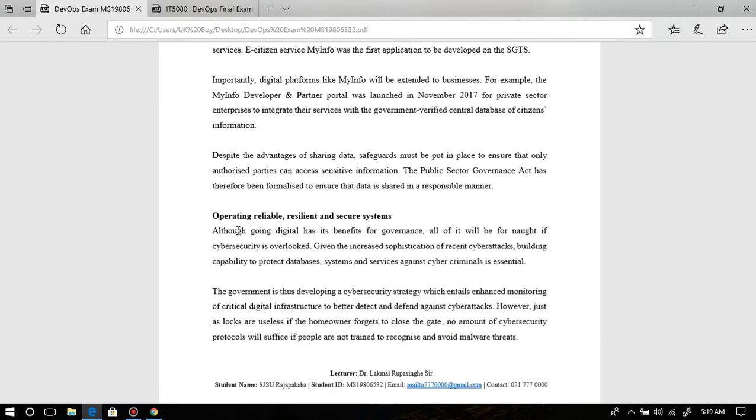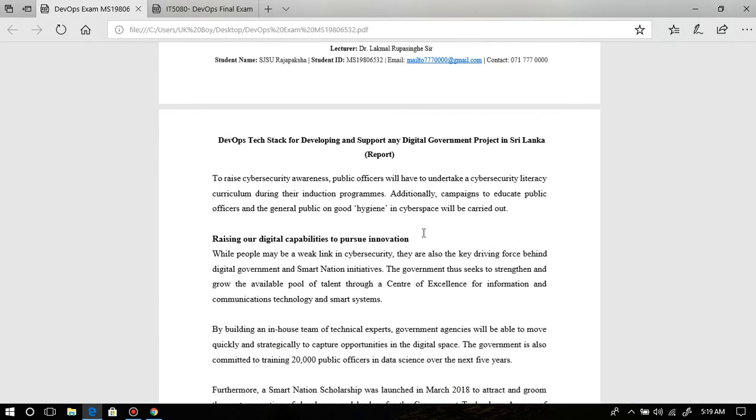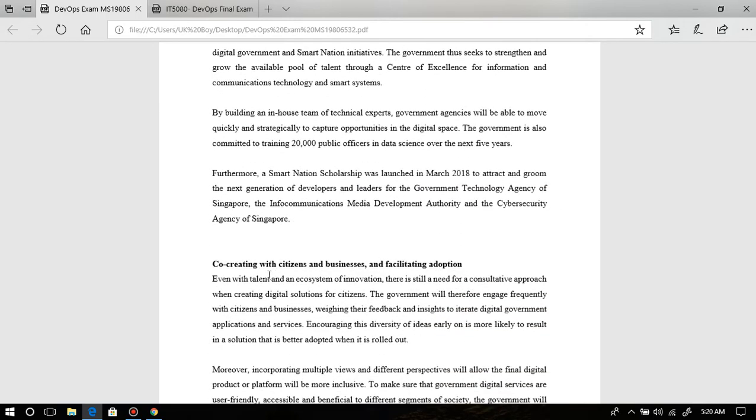Then after, operating reliable, resilient and secure systems, growing our digital capabilities to pursue innovation, co-creation with citizens and business, and facilitating adoption.